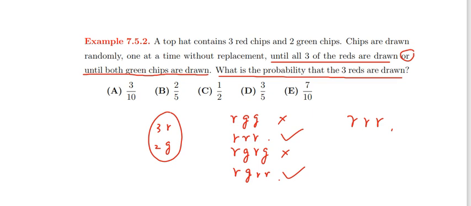First one lead: from 5 chips, we have 3 lead, so 3 over 5. Then the second one is another lead: 2 over 4. And then 1 over 3. So first lead, second lead, third lead.